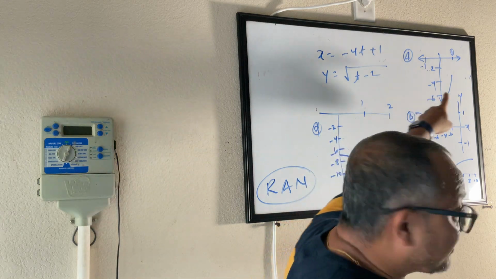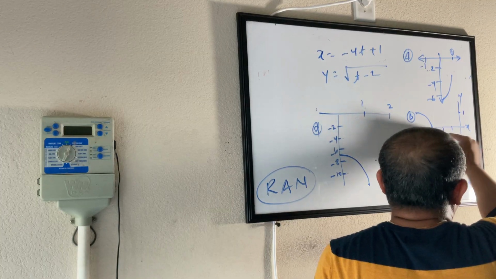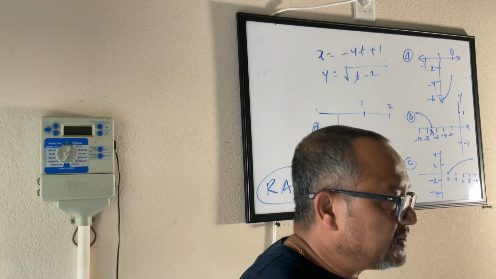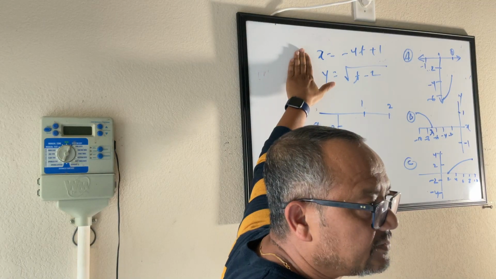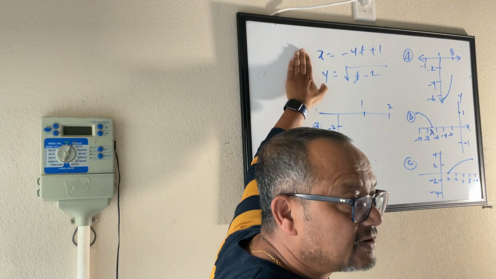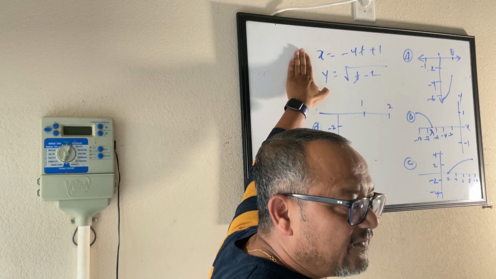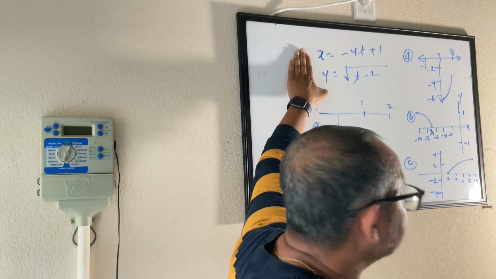What I see from the 4 graphs is there are certain points where it is touching the x or y axis. When it's touching the x axis, the y value will be 0.